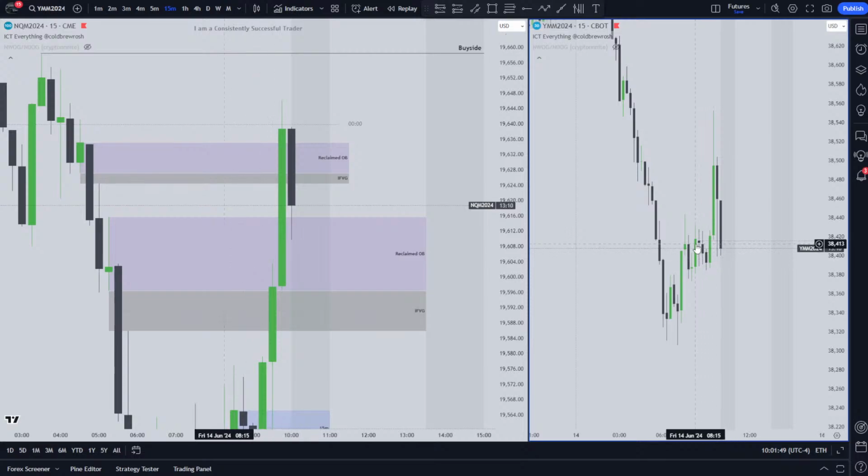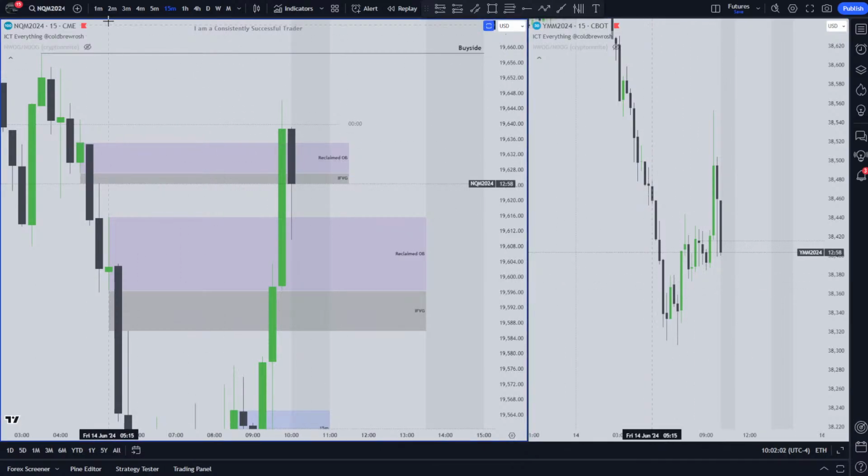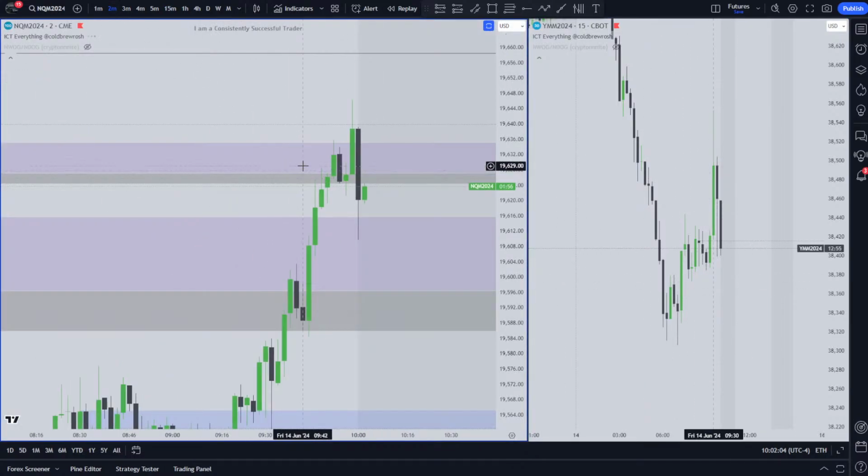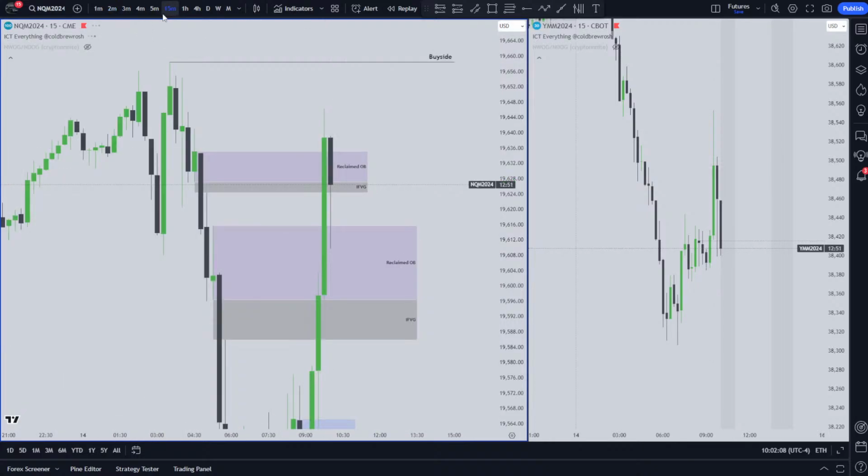Okay, so YM is in its order blocks. The last previous candle respected it. However, news has just released. You can expect manipulation. It might end up wanting to sweep this low, give us SMT. That's something we're going to look for, but on the lower time frame. So, now we're getting juicy.